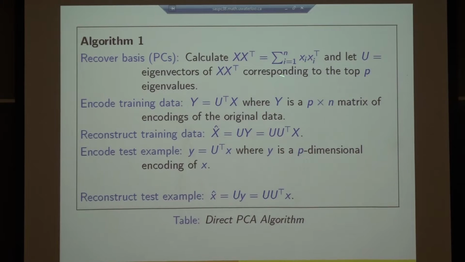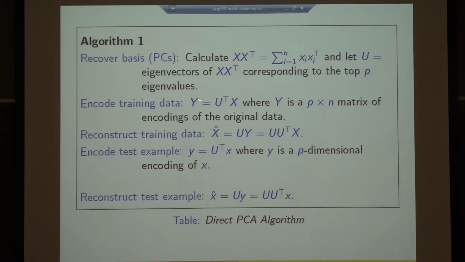So let me remind you that in PCA, when the data is centralized, you can compute the covariance, which is X X transpose. And when you have the covariance, you can do eigendecomposition on the covariance matrix. And then U will be your basis, principal components.